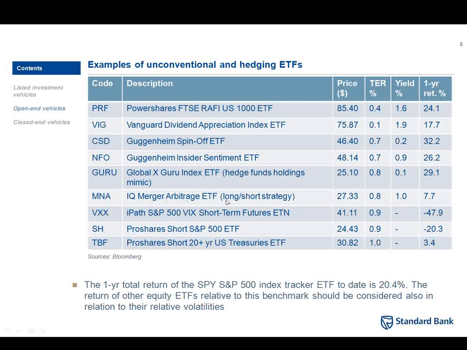Here, this IQ merger arbitrage is one of the few examples of a balanced long-short strategy, and there you see what looks like a pretty poor return, 7.7%. But bear in mind, when you've got a big short position in a very strong bull market over the last year, you're bound to underperform.